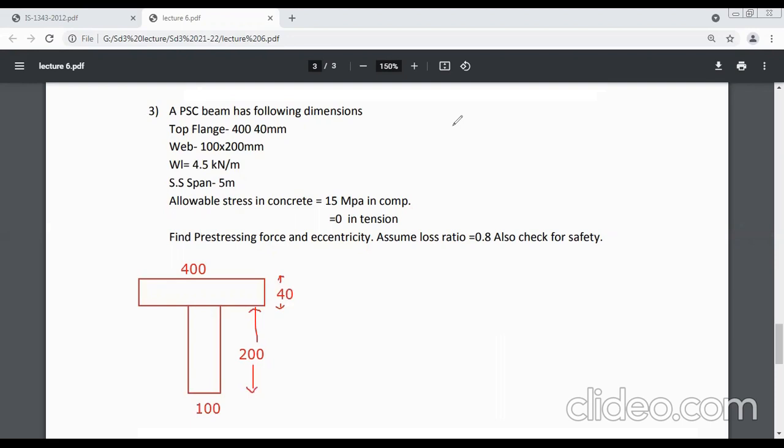So next, what is given? Stresses. Allowable stress in concrete is given as 15 MPa in compression. For the first stage, 15 MPa in compression.